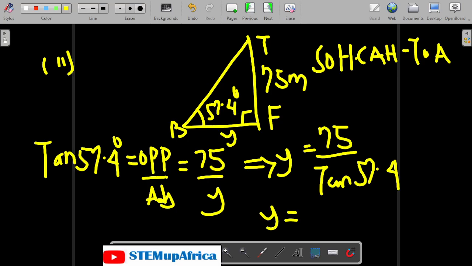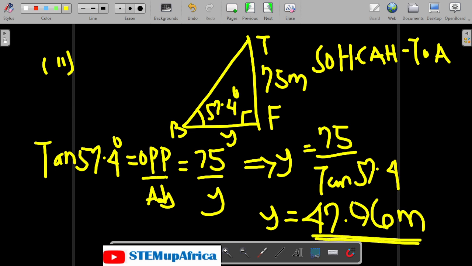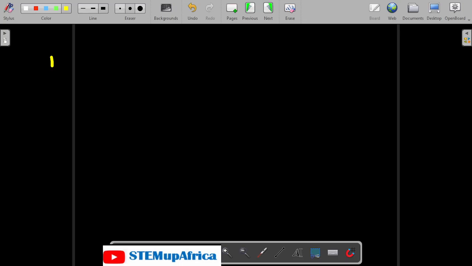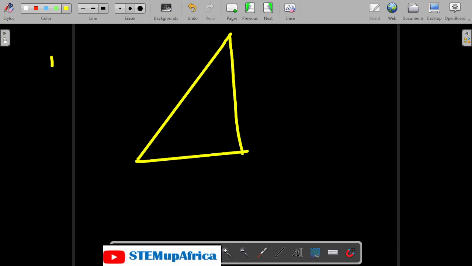So let's divide 75 by tan 57.4. That will give us 47.96 meters. So that is the value of Y. Now let's consider triangle TSF.